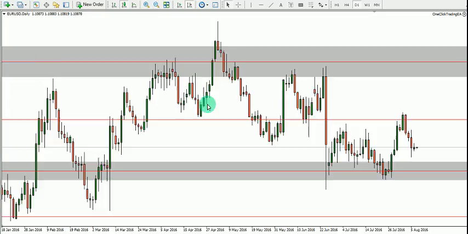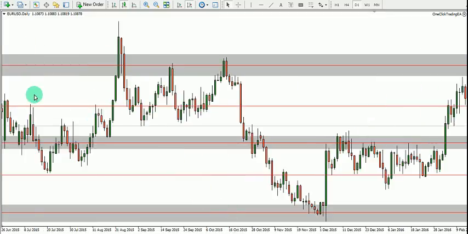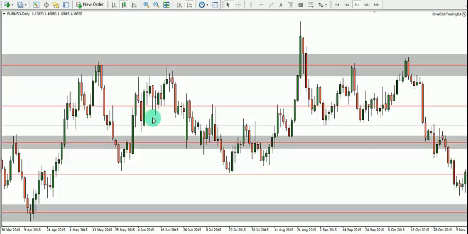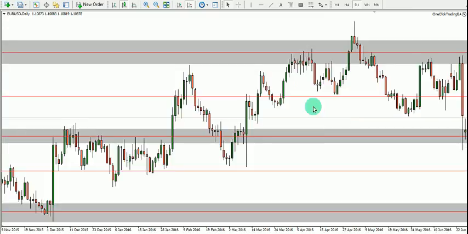That's exactly how you rate zones. You would notice this particular zone is not well defined, so you wouldn't want to trade your 2% on zones that are not well defined. Although they are still zones, you should be careful.